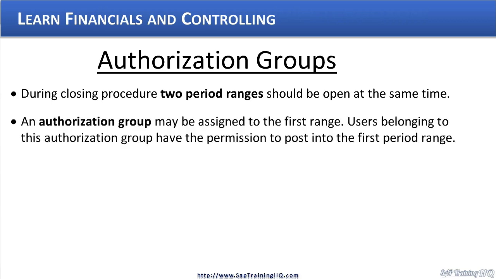An authorization group may be assigned to the first range. Then, only users belonging to this authorization group have the permission to post into the first period range. It makes sense to use the first range for the special periods and authorize only the accountants involved in closing to post into these special periods.